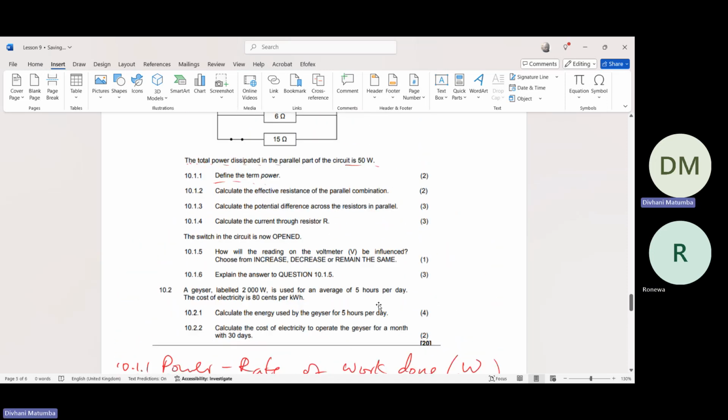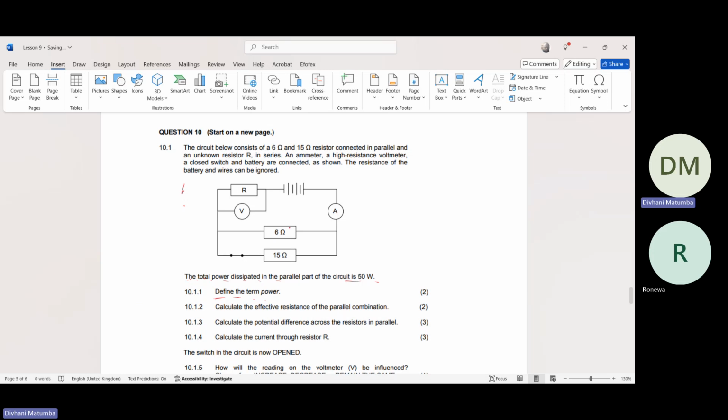And then, okay, do you remember our steps of calculating the circuit? The first one is calculating the effective resistance. So these are the steps for calculations of the circuit problems.